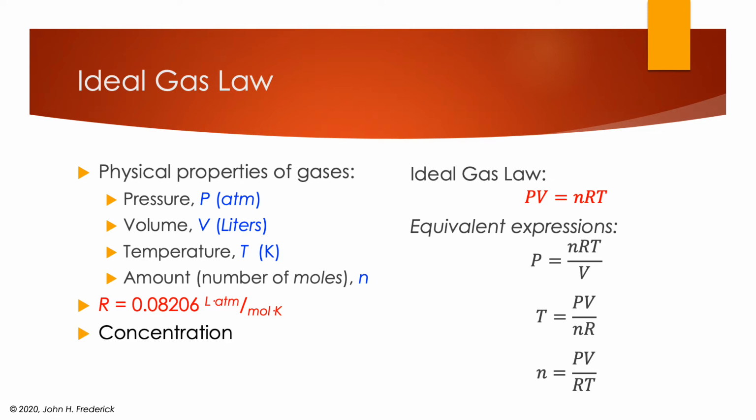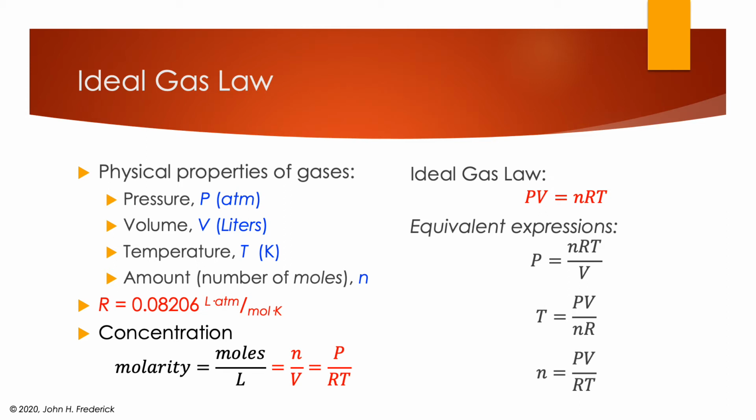Now, I also want to point out that pressure plays a role that's very similar to concentration in solutions. So remember that molarity was moles per liter. Well, if we take the physical properties that we're using for gases and take moles divided by volume, which is moles per liter, we can manipulate the ideal gas law, and that's equal to pressure divided by R times temperature.